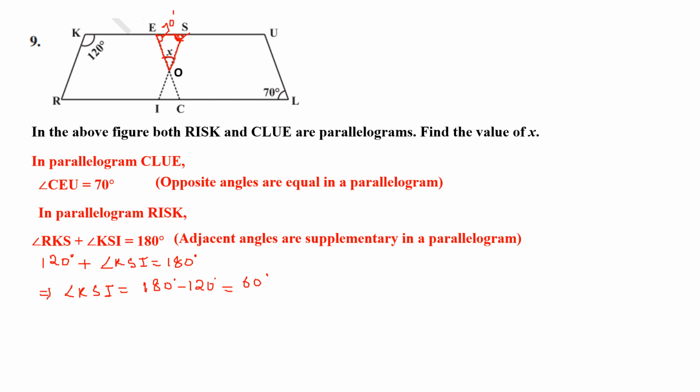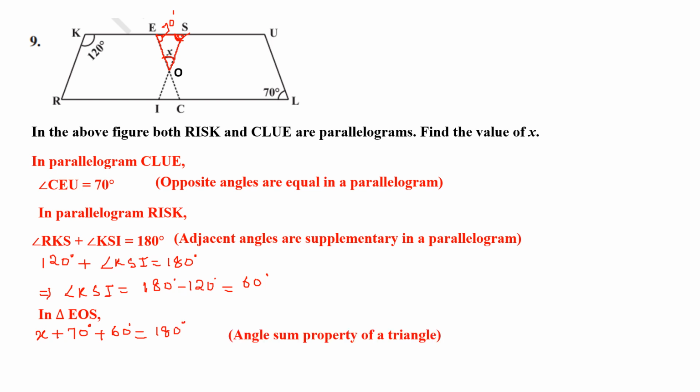Okay, now I will take triangle EOS. Now in this triangle EOS, if you see, I have to find the measure of x. So I am going to use the angle sum property of the triangle over here. So I can write x plus 70 degree plus 60 degree will be equal to 180 degree.